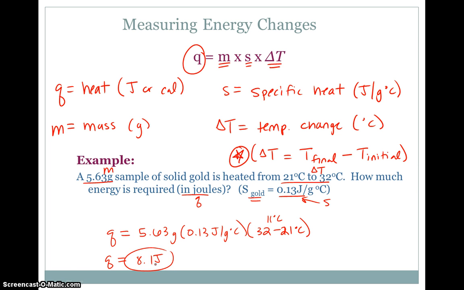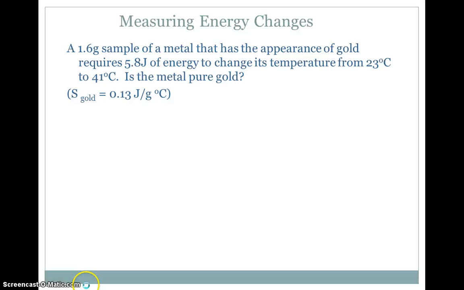And I know that my unit is joules because the heat unit in my specific heat number is joules. So what this tells me is that in order to take my 5.63 grams of gold 11 degrees Celsius higher, I need to put in 8.1 joules of energy. Now we don't always need to solve for Q in these equations, we can solve for any variable.